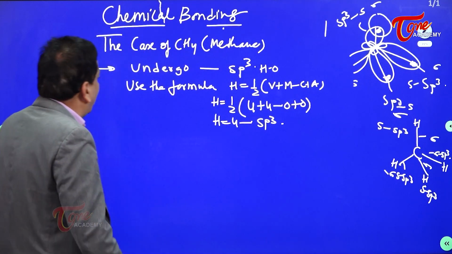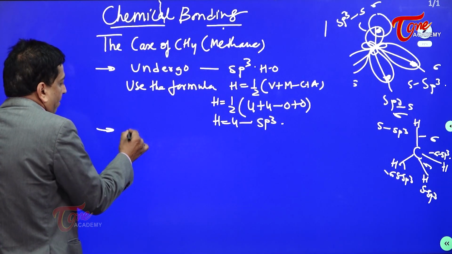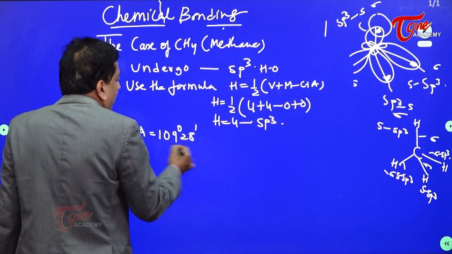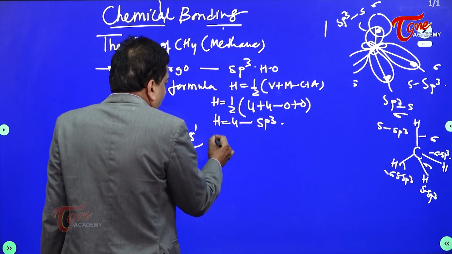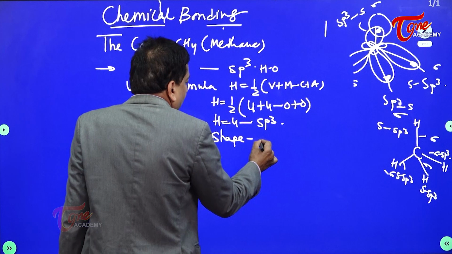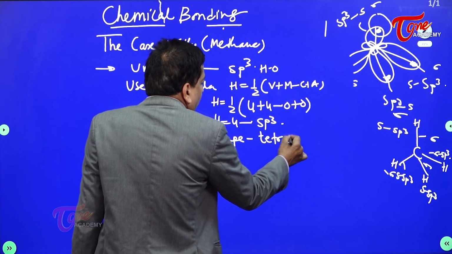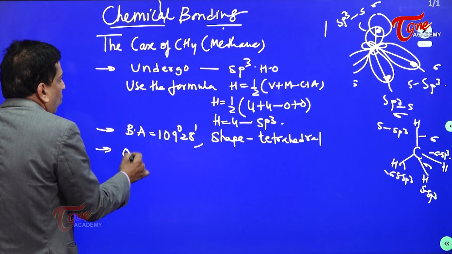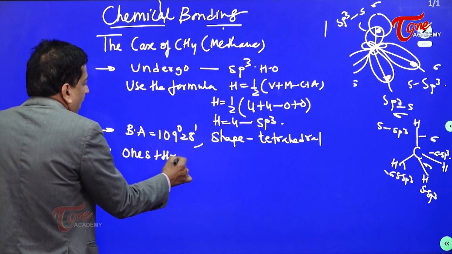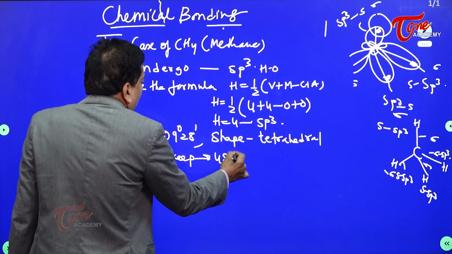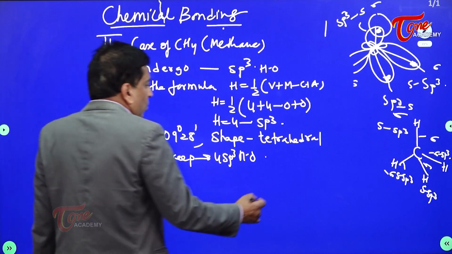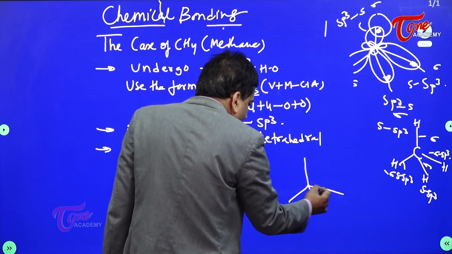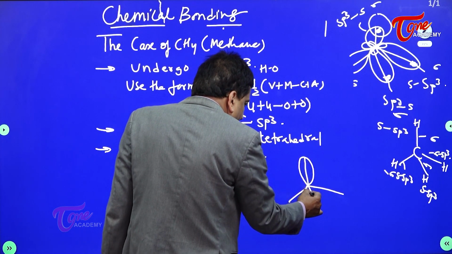And then once it is fixed, bond angle is 109 degrees 28 minutes, and the shape is tetrahedral. And here it is 1s and 3p's, 4 sp3 hybrid orbitals. Right? So the structure will look like this. The tails must be visible.